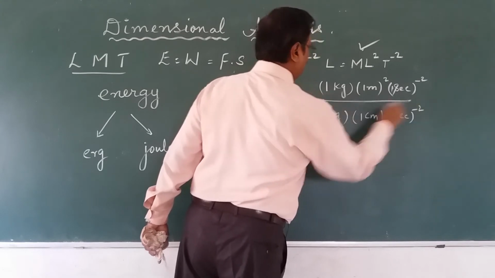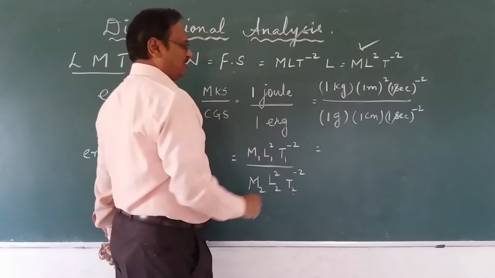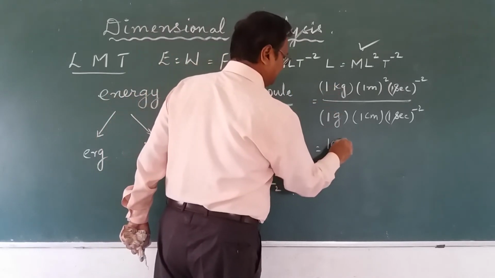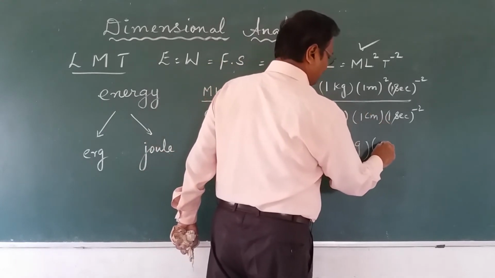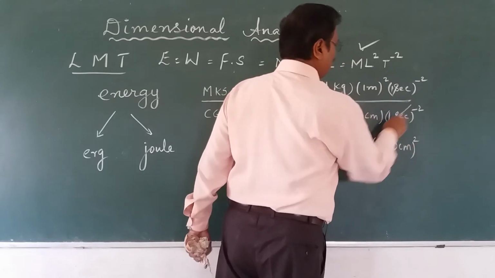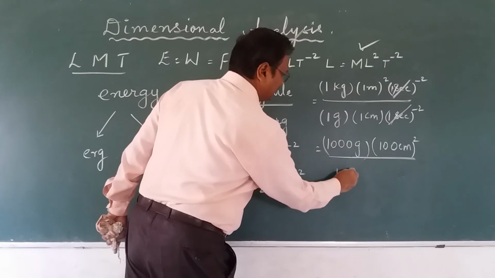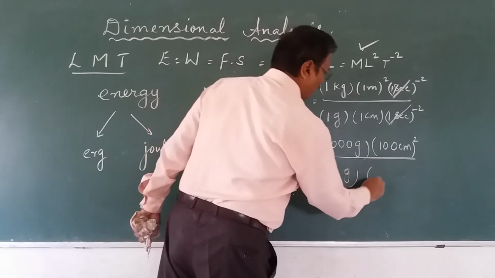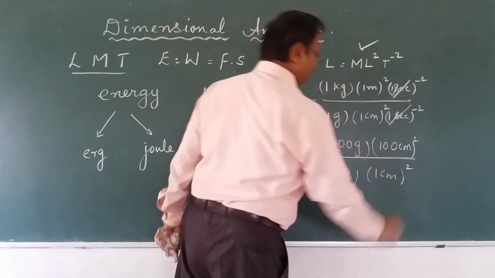power minus 2. So that is equal to, now we have to substitute: 1 kilogram is 1000 gram, 1 meter is 100 centimeter, but power 2. These two can be cancelled, divided by 1 gram and 1 centimeter power 2, I missed that here.